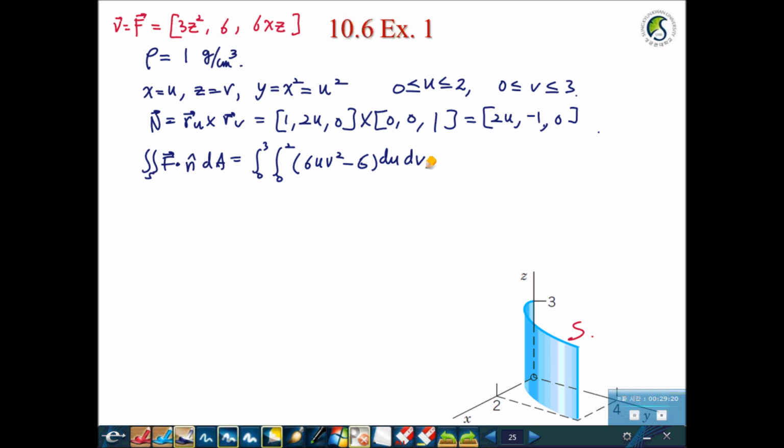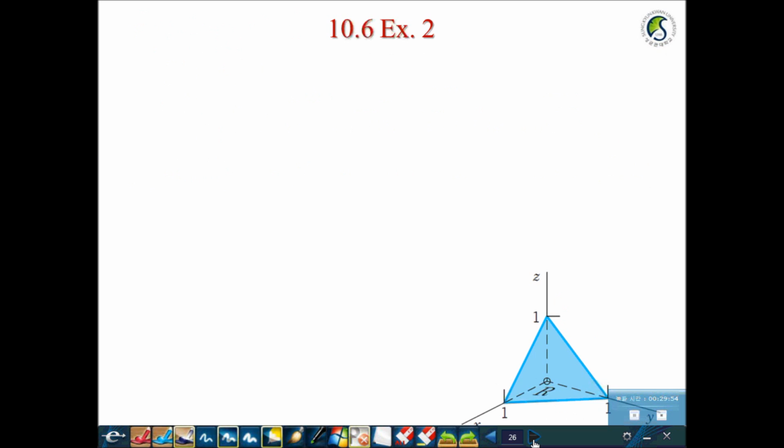If you calculate it, let me skip the calculation, that's 72 cubic meters per second.